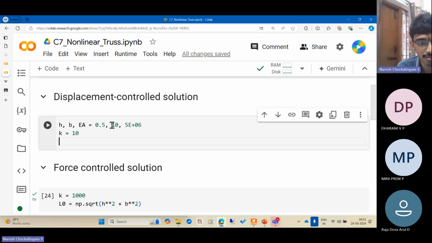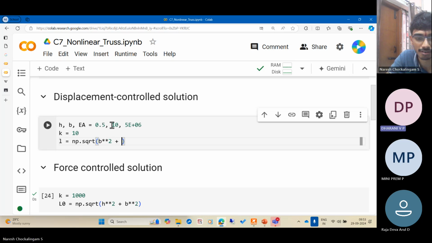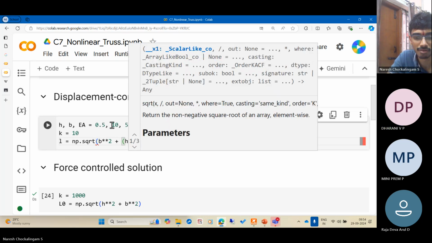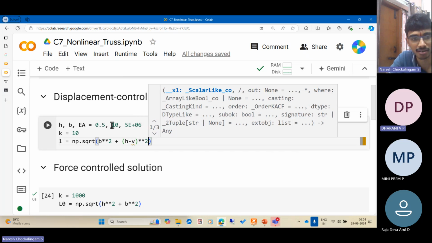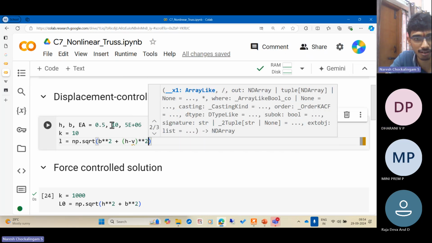Okay, first equation: L is equal to np.sqrt of b square plus h minus V the whole square. But V and b have not been specified. Not defined. Yeah.